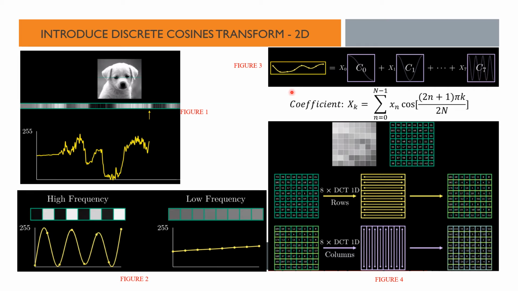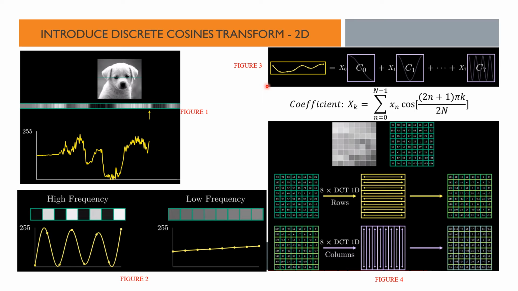We will represent this signal by multiple cosine waves. In this example, I use standard cosine waves from C0, C1 to C7 to represent the discrete random signal. I multiply the value of each pixel by the waveform and add them together. We will have the cosine transform.